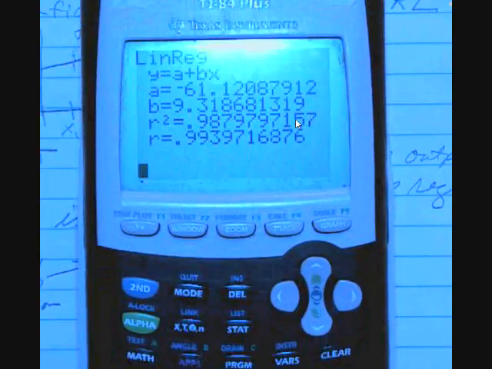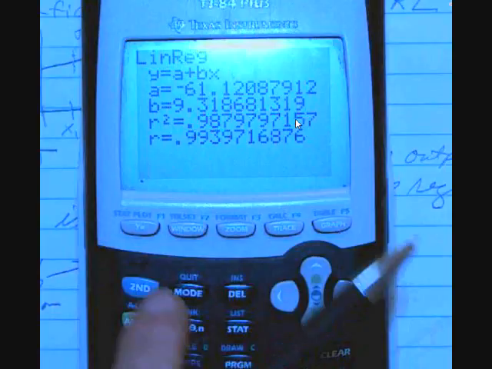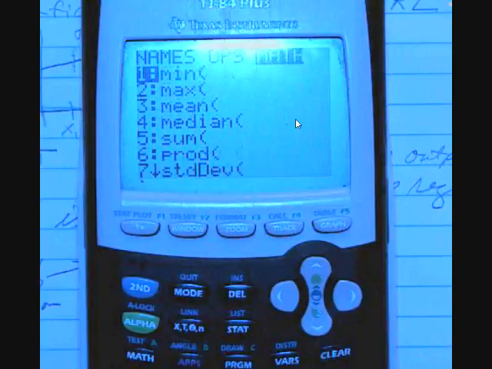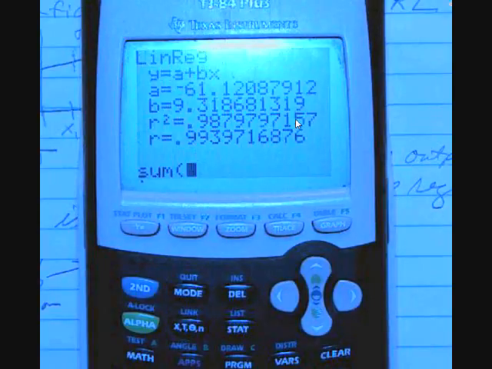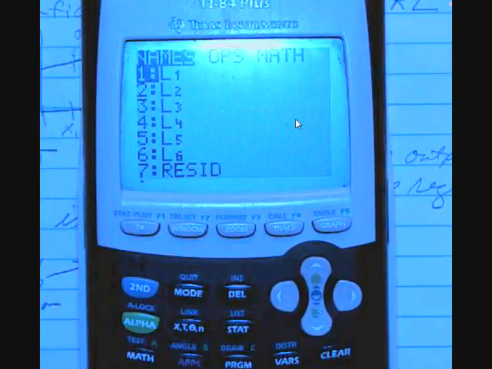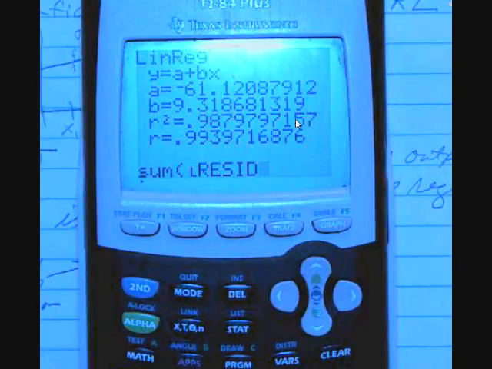I hit second stat, math, sum, number 5. I need to take the residual list, that's under second stat, number 7. And I need to square those, because if I just sum them, they'd sum to 0 because they are positive and negatives. So I square them to take away their signs, and have to square root it back at the end.